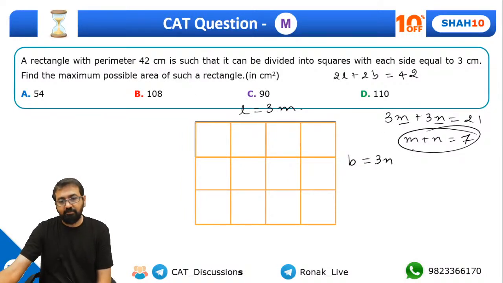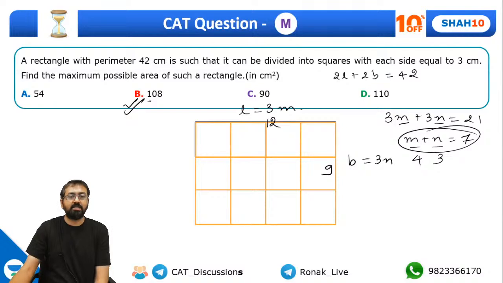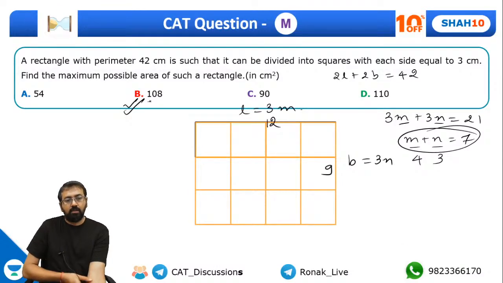So can I say we will try to take m and n as close as possible. So take m as 3 and n as 4, correct? So 3 into 3, 9, 4 into 3, 12. Of course, we'll have to take vice versa: m is 4, n is 3. So this is 12, this is 9, and the area will be 108. This is the maximum possible area. It can't be anything else.